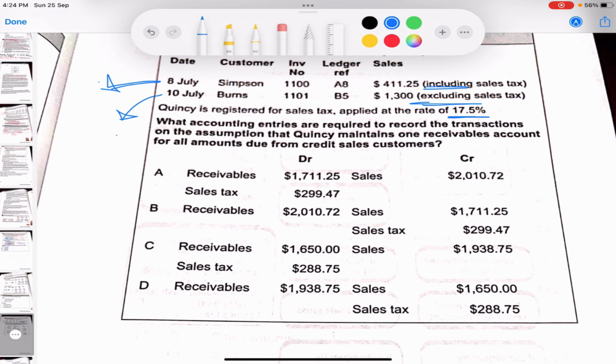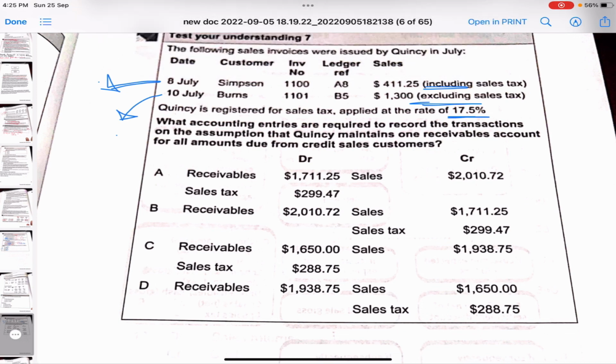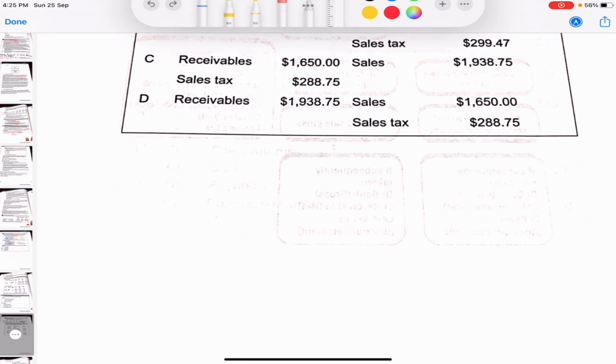Now let us see what the purchases is. You know what you write in the book of purchases? You always write the net value in the purchases book and the net value in the sales book. So what accounting entries are required to record the transactions on the assumption that Quincy maintains one receivables account for all amounts due from credit sales customers?